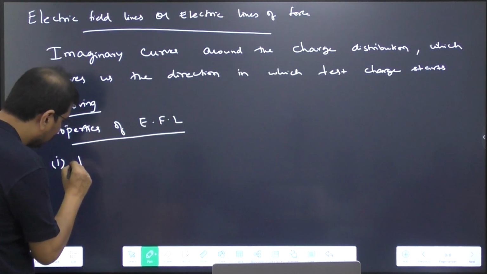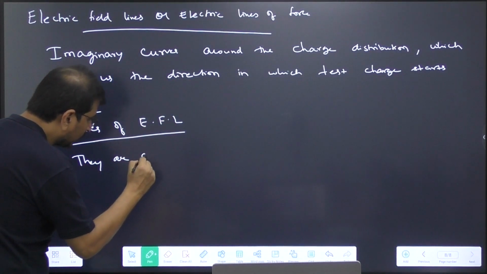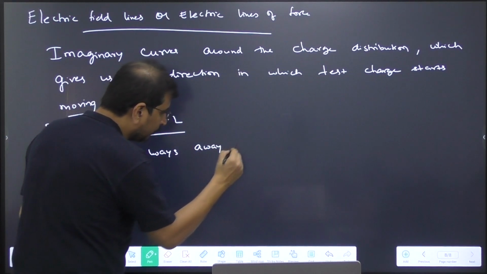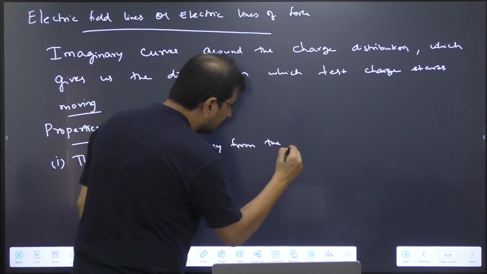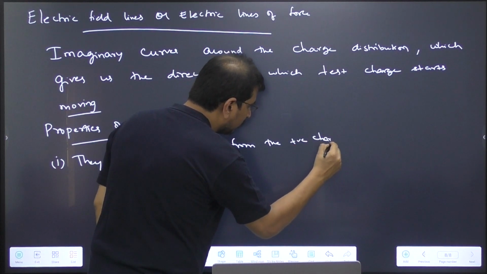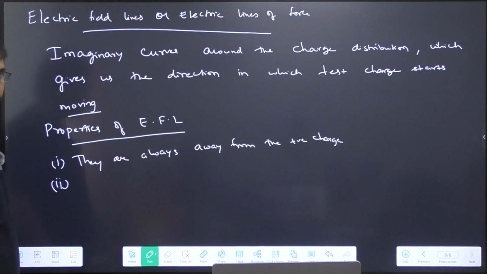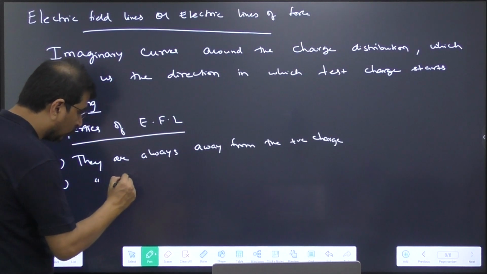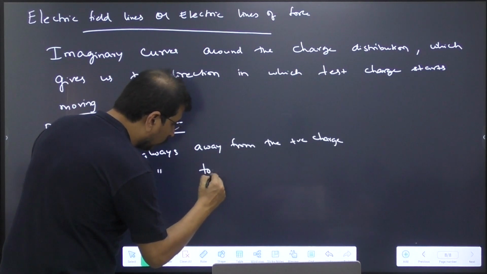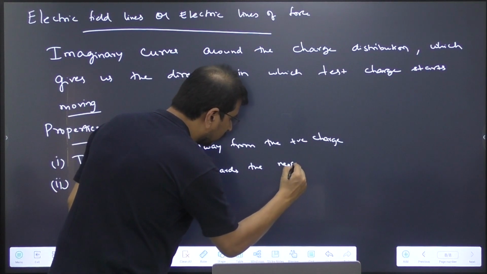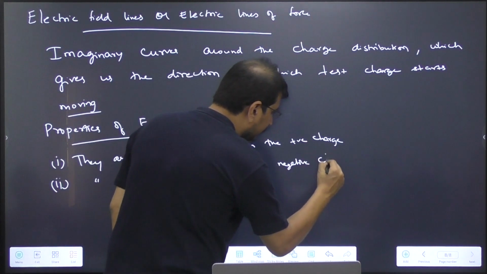So, they are always away from the positive charge. Then what about the negative charge? They are always towards the negative charge.